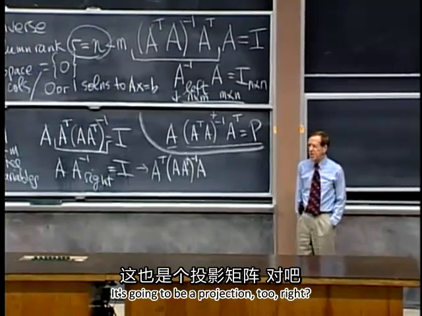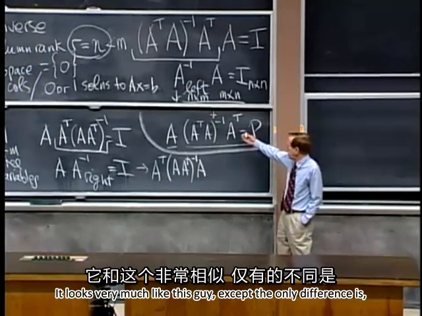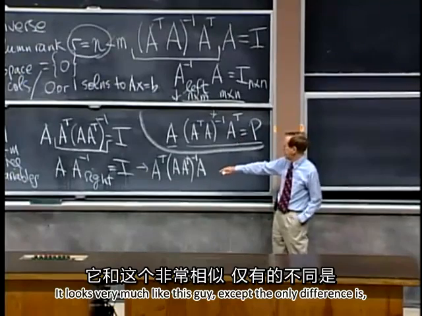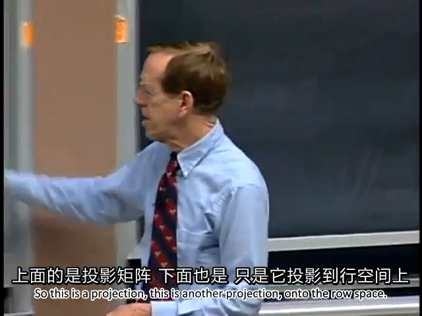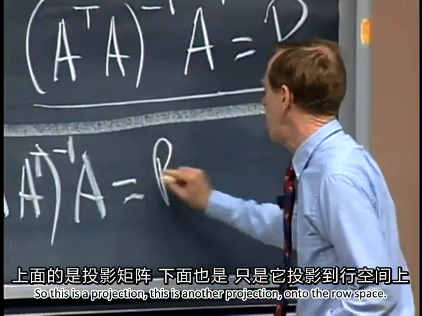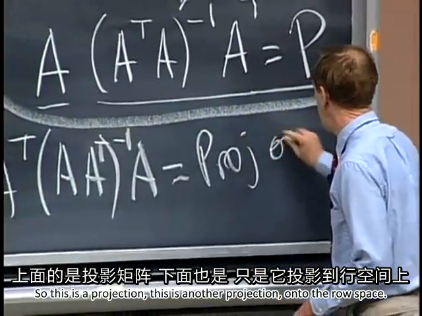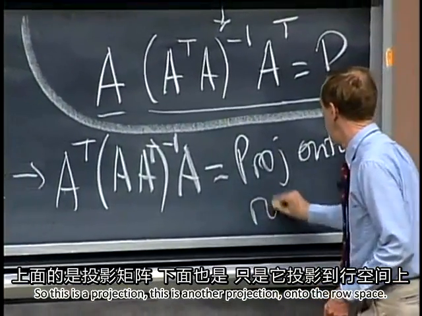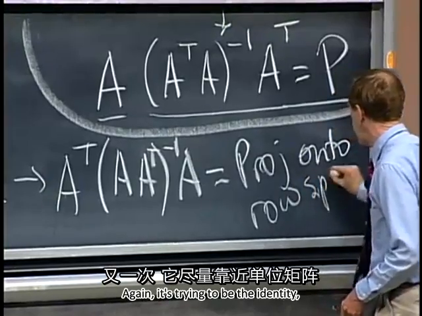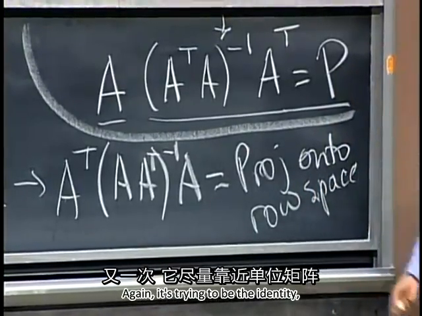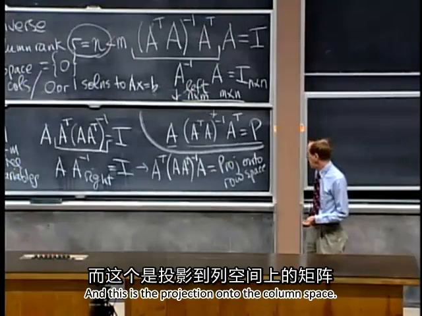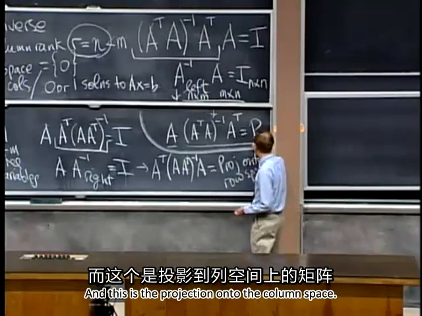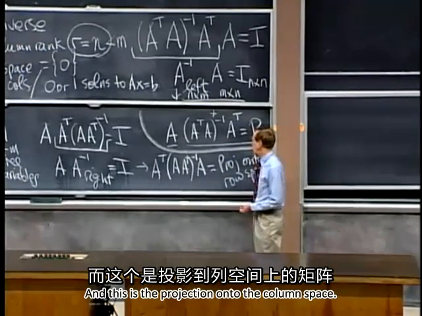It's going to be a projection too, right? It looks very much like this guy, except the only difference is A and A transpose have been reversed. So this is another projection, onto the row space. Again, it's trying to be the identity, but there's only so much the matrix can do. And this is the projection onto the column space.